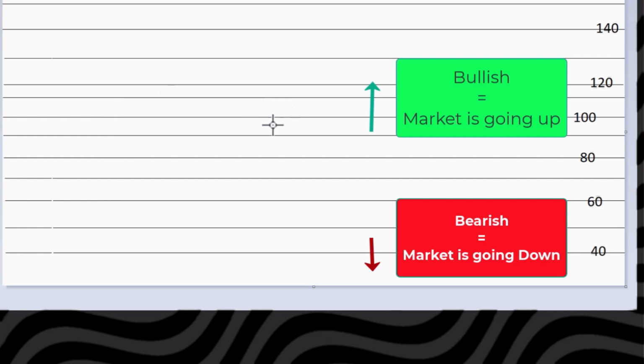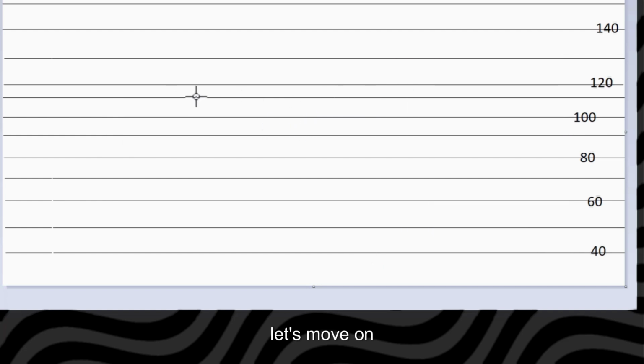So let's move on to something a bit more advanced. If you are in a trading platform, generally the market looks like this. Let's say the market starts from 60.